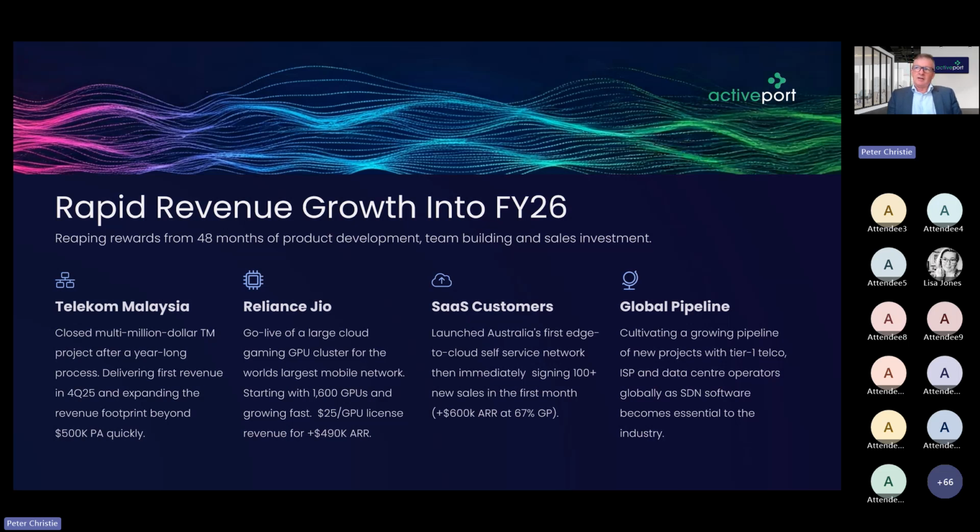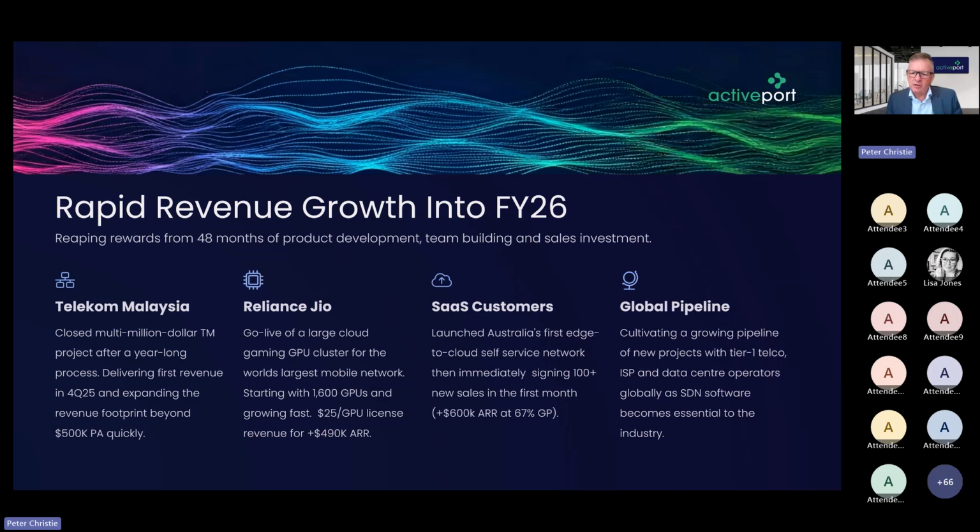We did talk in the last announcement about delivering our superhighway between data centers in Australia. That is a subset of our SaaS product, of our network as a service, and that's also taking off quite quickly. So the great thing about our SaaS platform is that we can add new features and new capabilities to generate new recurring revenue in fairly short order as we roll out new capabilities in that product.